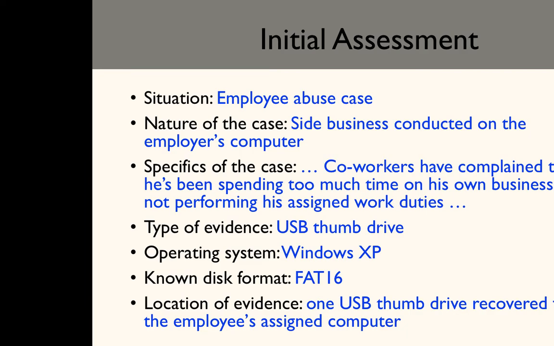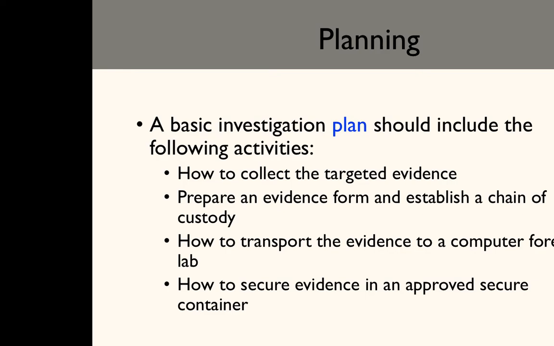So the initial assessment will document something like this. The planning should include how to collect the targeted evidence, prepare an evidence form, and establish the chain of custody form. Usually there will be several forms to fill in every time the evidence is transferred somewhere else, and also when something happens to the evidence.